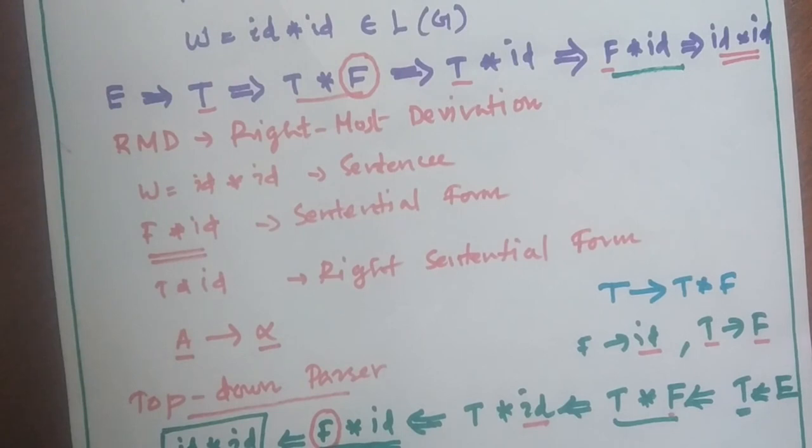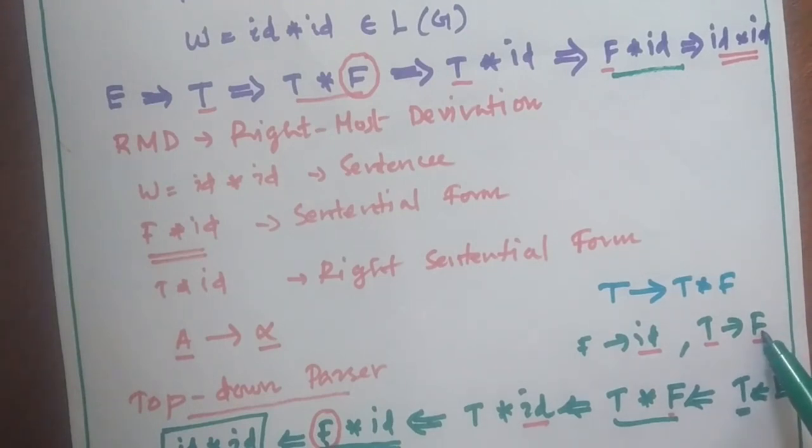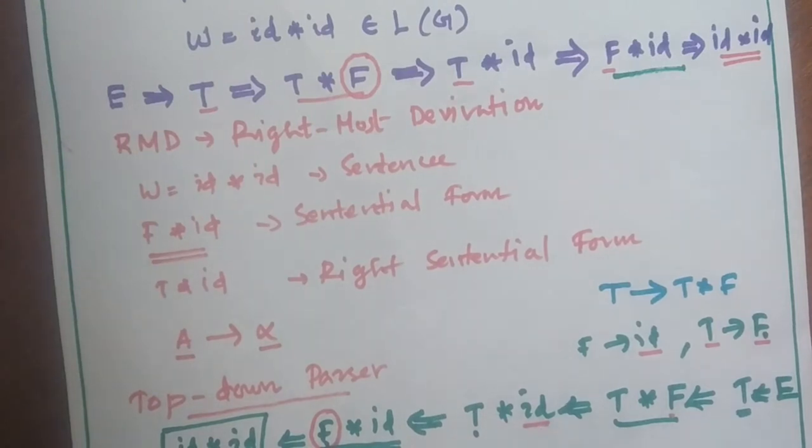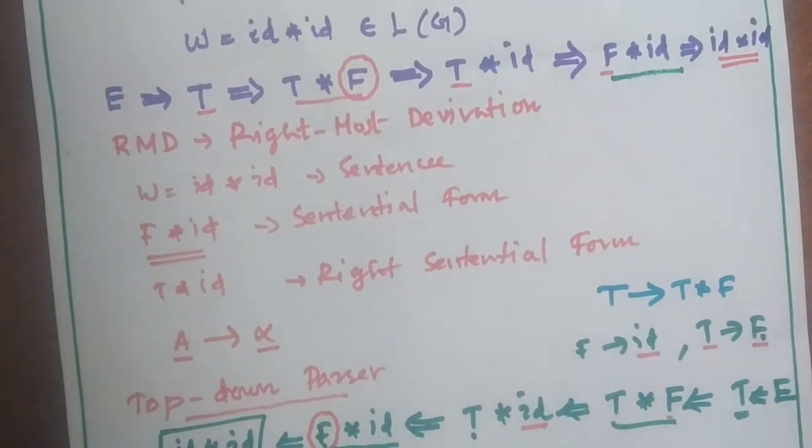From this right sentential form, F is the substring and F is matching with the right side of a production, then that is replaced by T in order to get the just previous right sentential form. Then here it identified id as substring, that id matching with the right side of a production, F gives id, then id is replaced by F in order to get the just previous right sentential form.